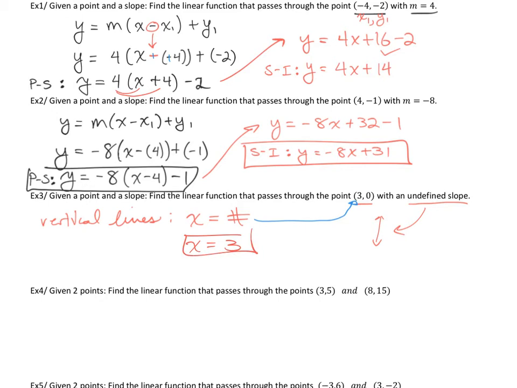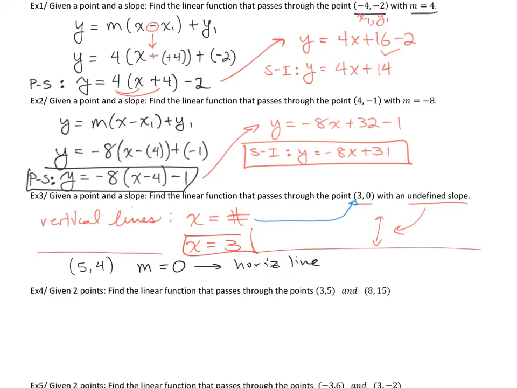So similarly, if I gave you an ordered pair, say 5, 4, and said that the slope is 0, anytime the slope is 0, this tells you that you will have a horizontal line.